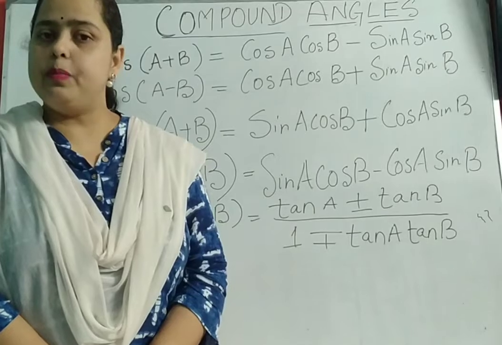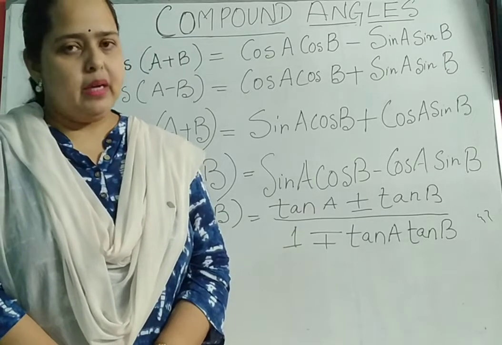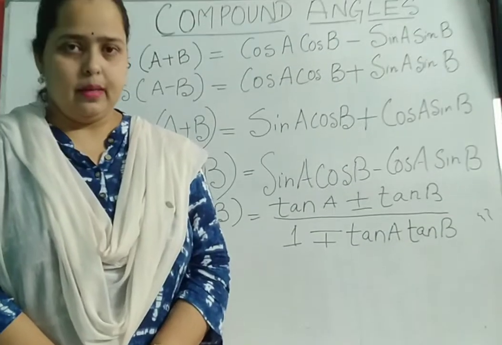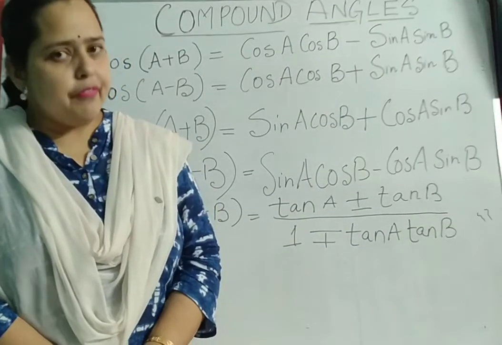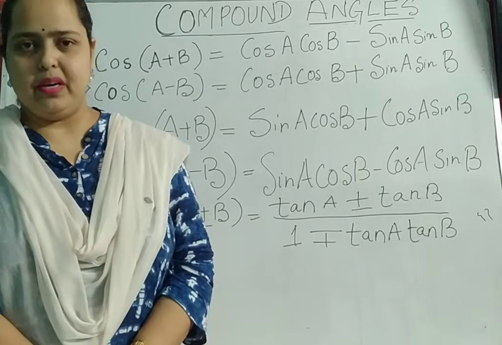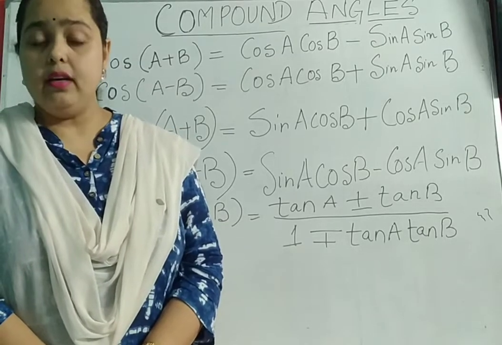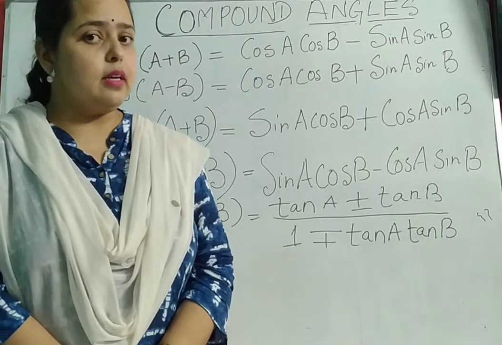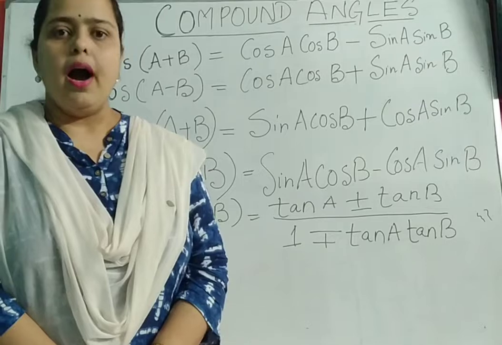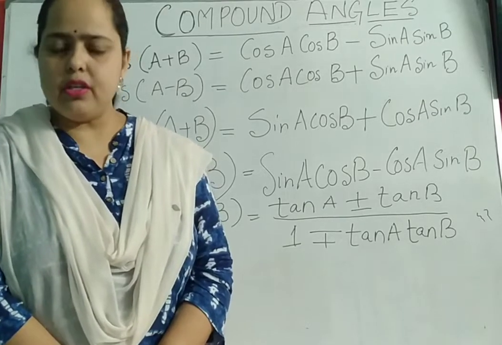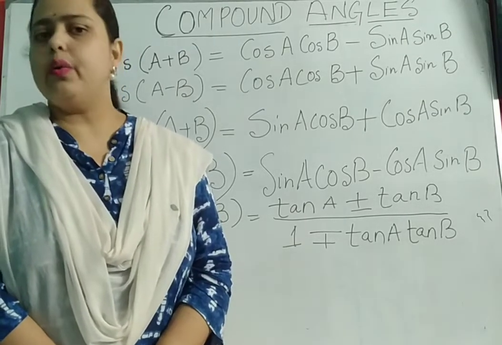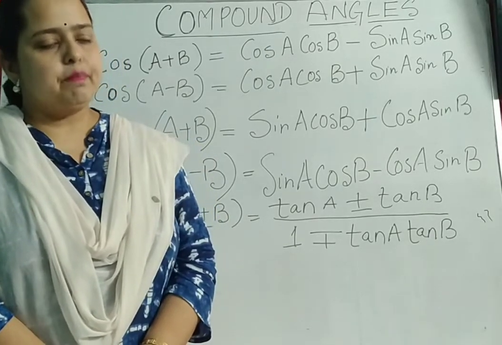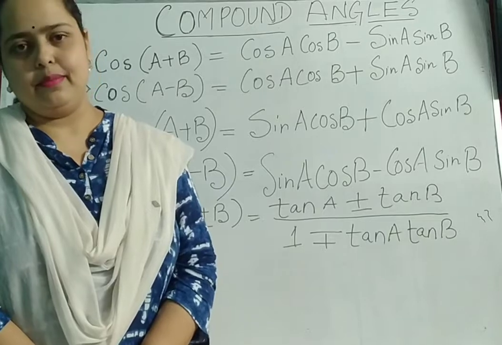Then A plus B, A minus B, B plus C, B minus C, or A plus B plus C. So sum or difference of two or more angles are known as compound angles, and we are going to learn them as a single angle now. After the combination of such angles, we are going to have a new formula for that particular constituent angle.